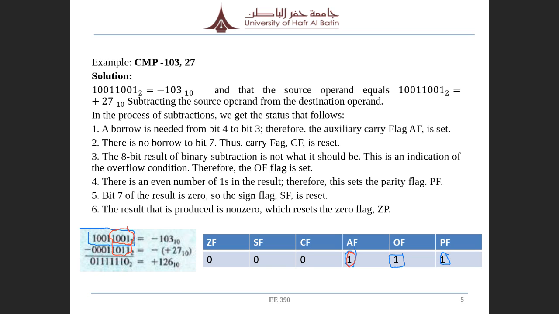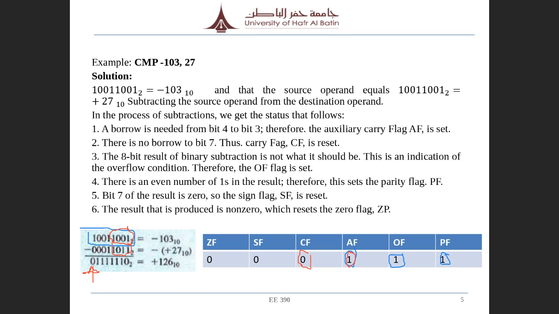What about the carry flag? For the carry flag, we have to check the result, because it is a negative number. And the sign flag also we have to check the result.